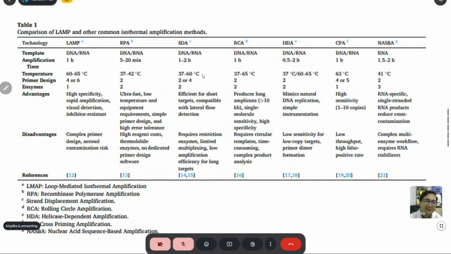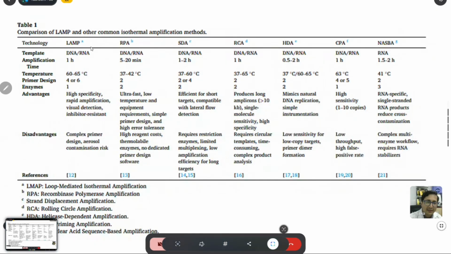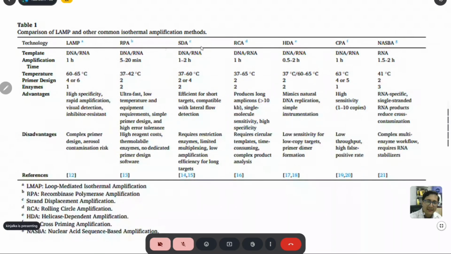So now this table is probably good if you want to write an answer. It gives you a comparison between the different types of PCR that we saw, the newer isothermal amplification methods. So you have LAMP, RPA, SDA, RCA, and so on. For example, LAMP has high specificity, it is quick, visual detection is possible, and it is resistant to various inhibitors in the process.